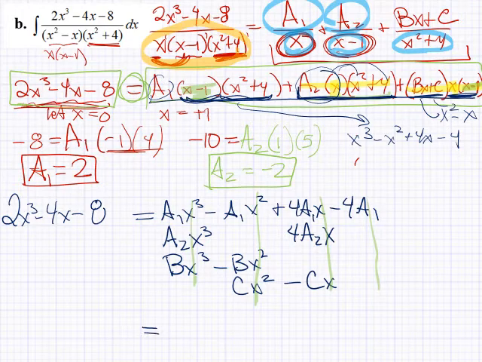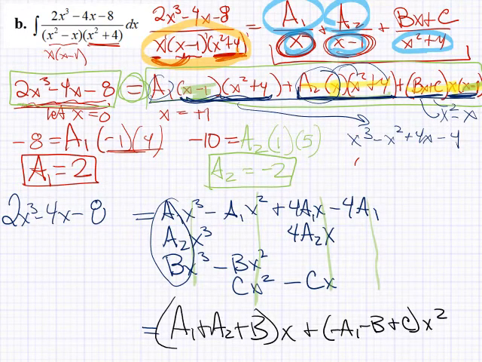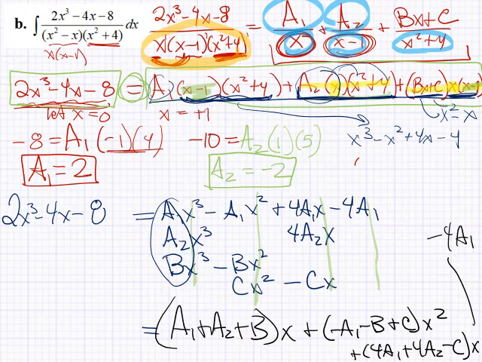So when I group this together, I get this: a1 plus a2 plus b x, and then I'll get negative a1 minus b plus c x squared, and then, I'm running out of room here, but we'll do it, 4a1 plus 4a2 minus c x, and finally minus 4a1.